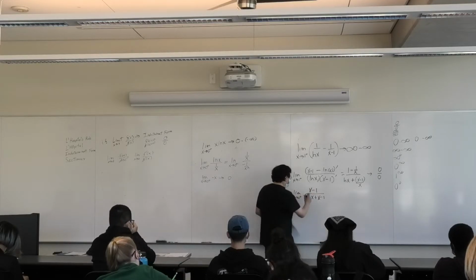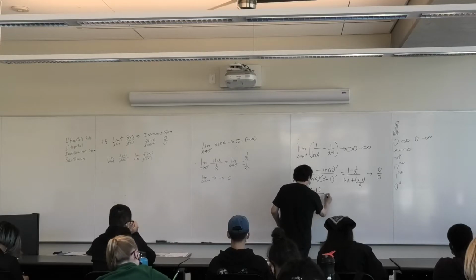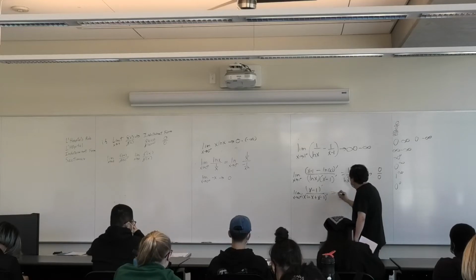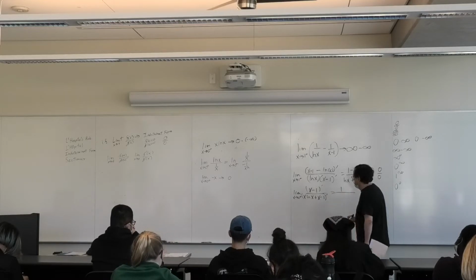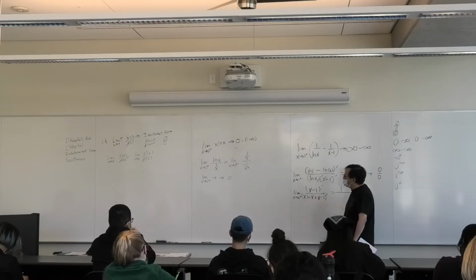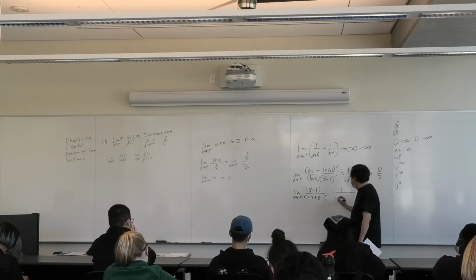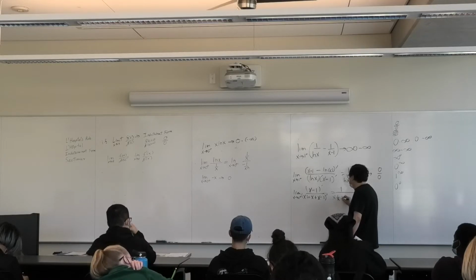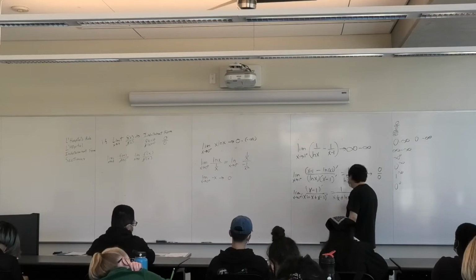Let's find the derivatives. Derivative of x minus 1 is 1. Derivative of x times the log of x. Again, product rule. X times 1 over x plus log of x.